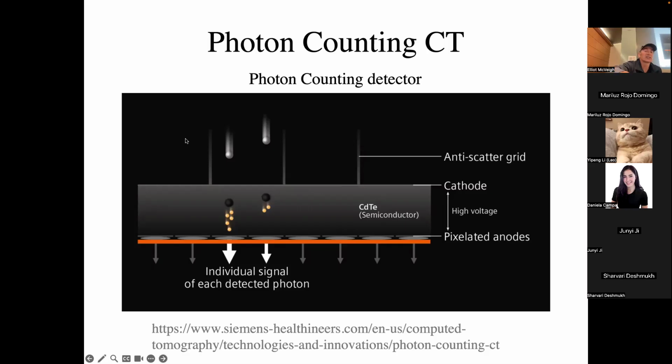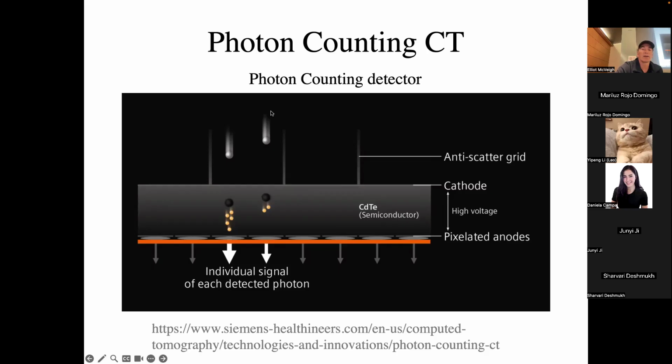But this technology, every vendor, I think, has their own detector design. It's a hot topic in X-ray imaging: making better detectors like these photon counting detectors. One of the issues with them is charge pileup.